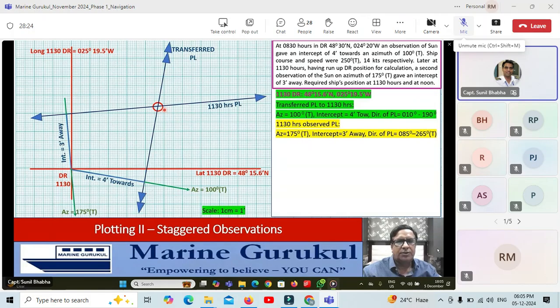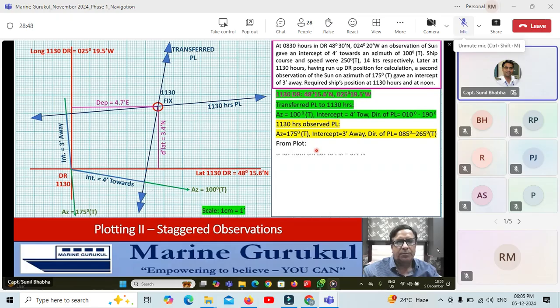Now we can measure its DLAT from DR lat. We can measure the departure from DR long, convert the departure into D long, and apply it to the longitude of the DR, and we can get the coordinates. You can see DLAT is measured off using this scale, comes to 3.4 minutes north. So is the departure, which comes to 4.7 minutes east.